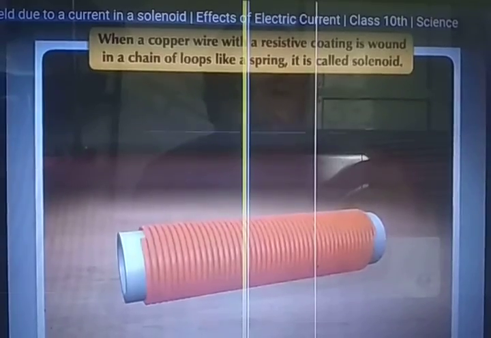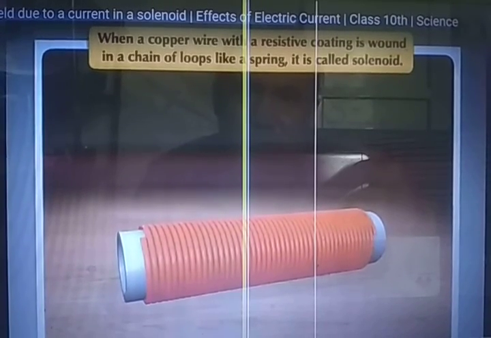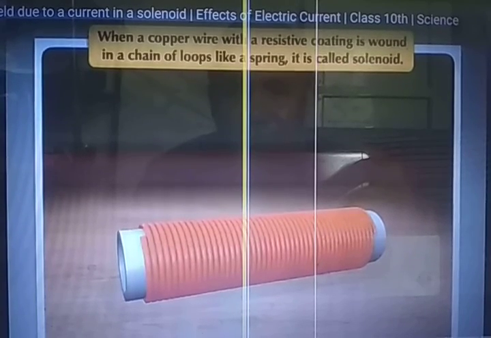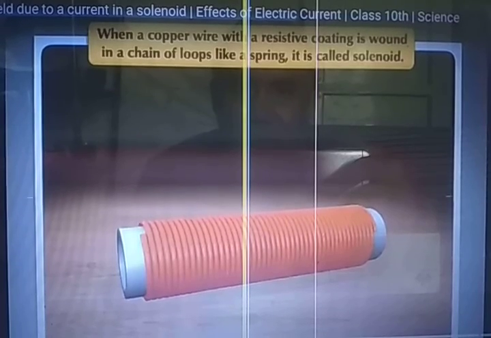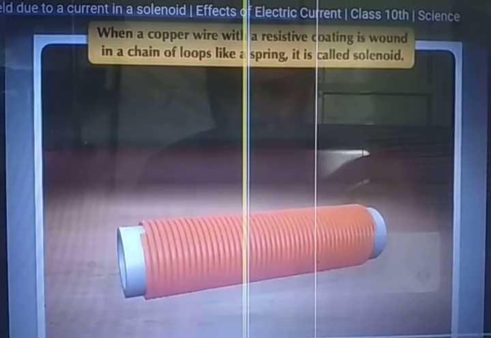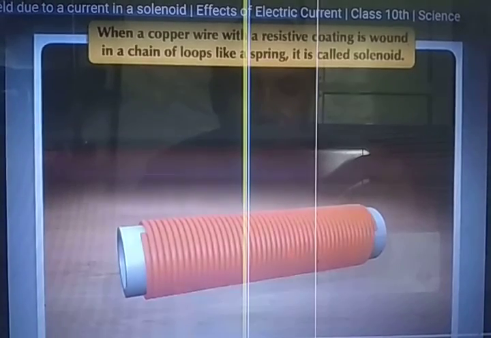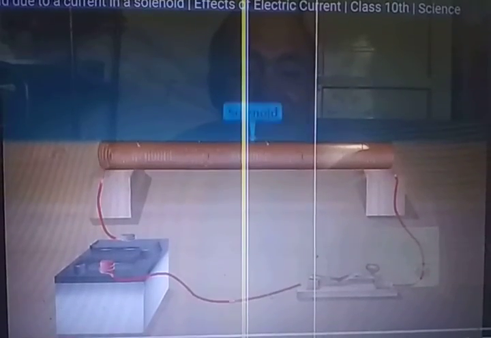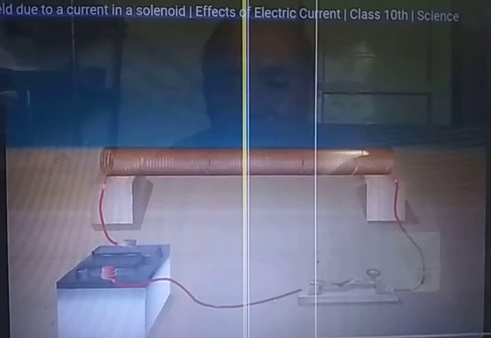In other words, when a copper wire with a resistive coating is wound into a chain of loops like a spring, it is called a solenoid. Resistive coating means insulated. Whenever an electric current passes through a solenoid, it behaves like a magnet.